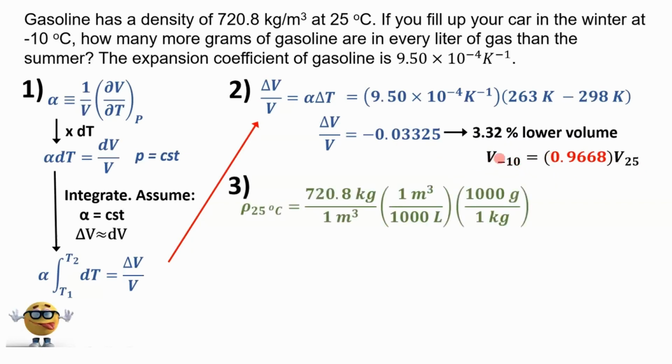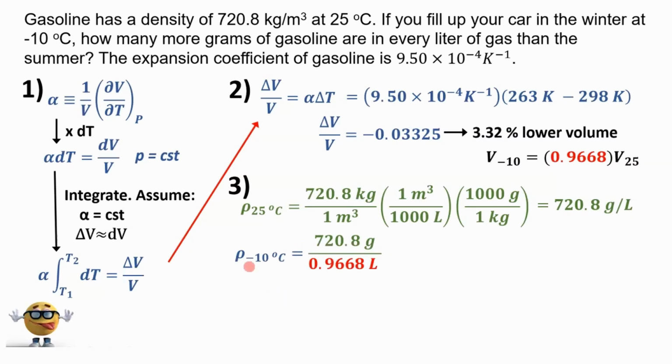Okay, so at this point, we're going to look at the densities because we want to know how many more grams there are for every liter. So the density at 25 degrees Celsius is 720.8 kilograms per meter cubed. That's what's given here. We want to know how many grams there are per liter. So we'll multiply by some conversion factors to give us 720.8 grams per liter. It's the same, but it's important to do these conversions.